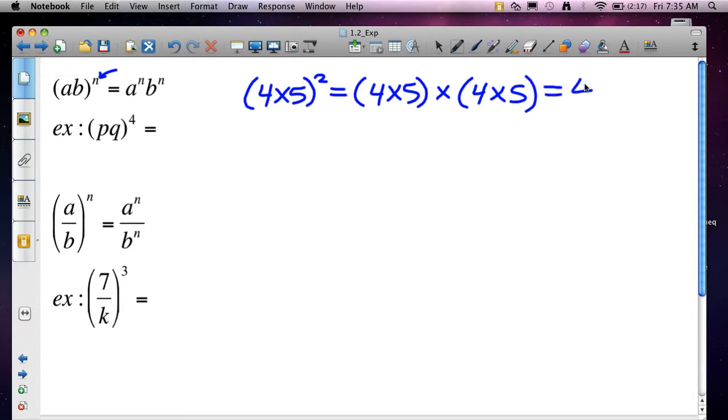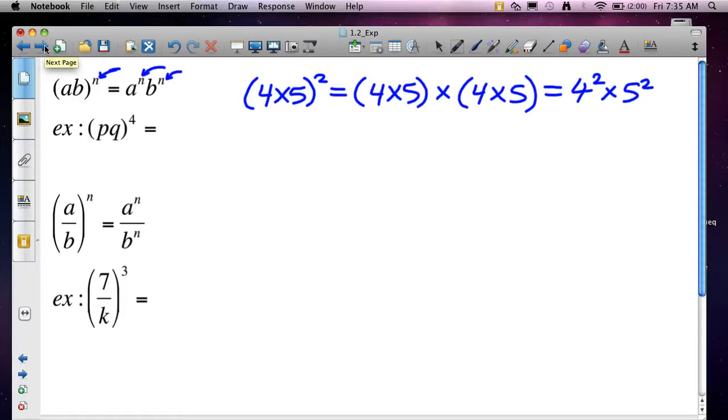So that's going to get me 4 squared times 5 squared. What we can see is that if you have a value in parentheses raised to another value, then that index raises both bases. So I now have a to the n times b to the n.